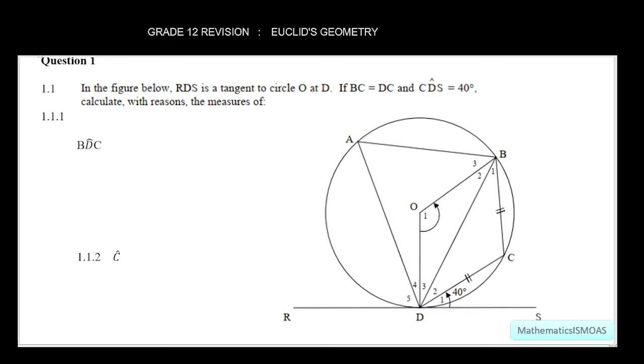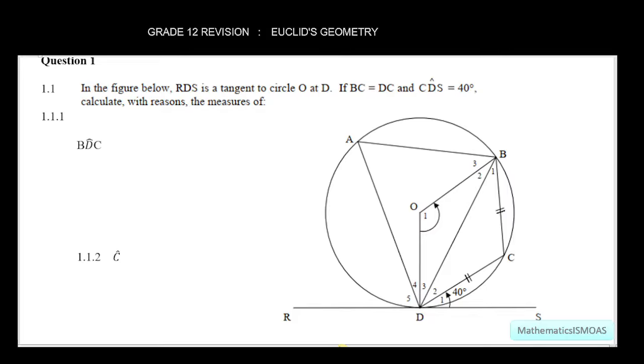RDS is a tangent to circle O at D. O is the center, meaning O is our center, and point D is a point of tangency.